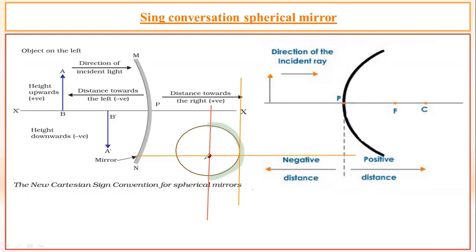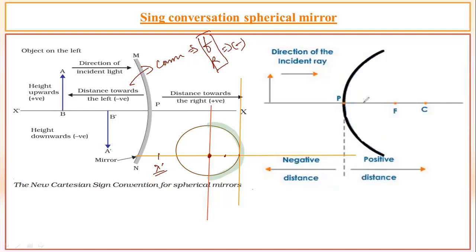The center lies on the x' axis, so it will be taken as negative, and the focus also lies over here, so that would also be negative. So for the concave mirror, please remember that the focus as well as the radius of curvature, both these components will be taken as negative.